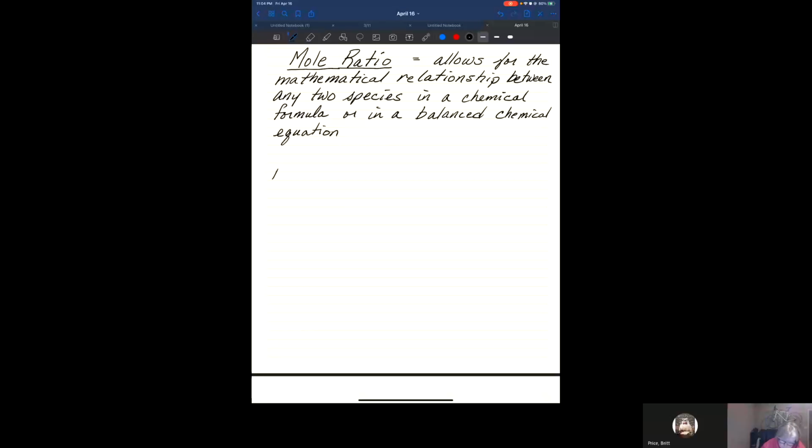A mole is sometimes described as a chemist's dozen. And I don't know if I really like that description, but it is the description that is most often used.